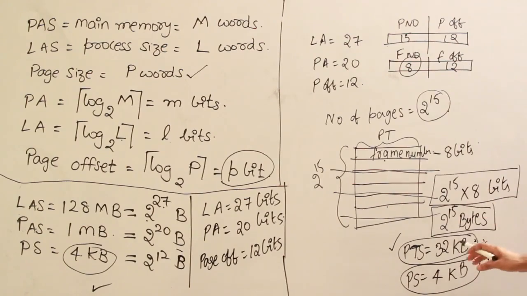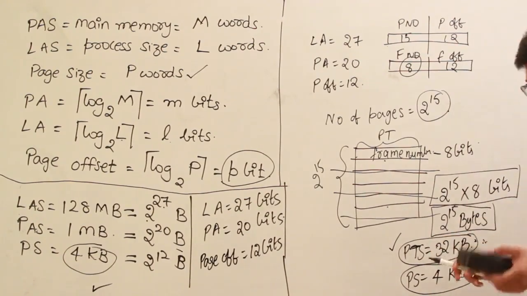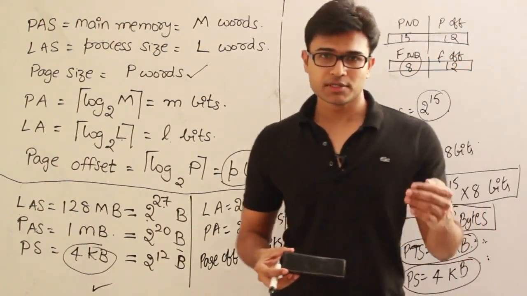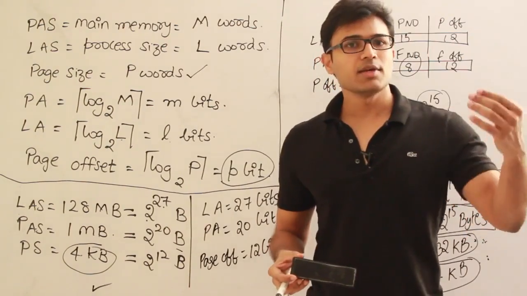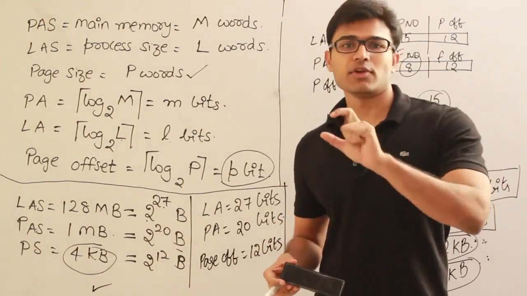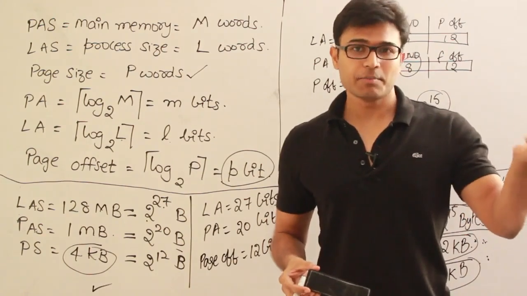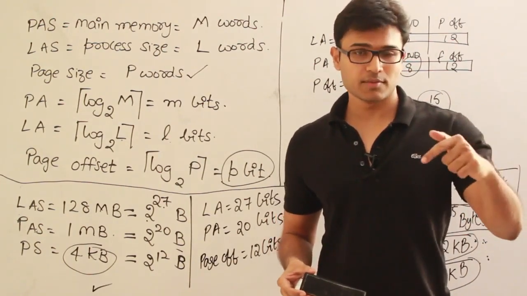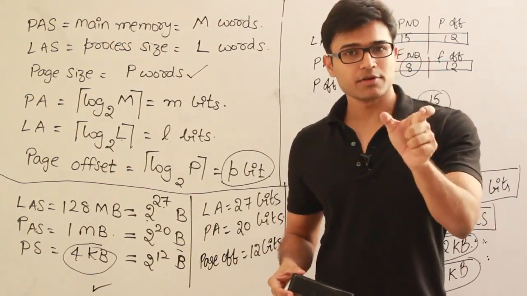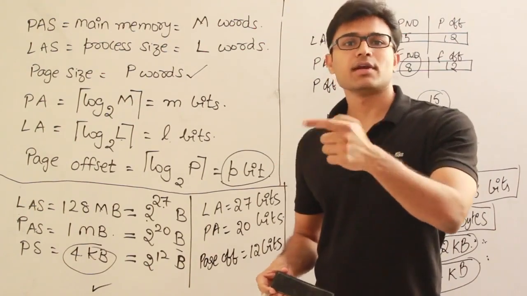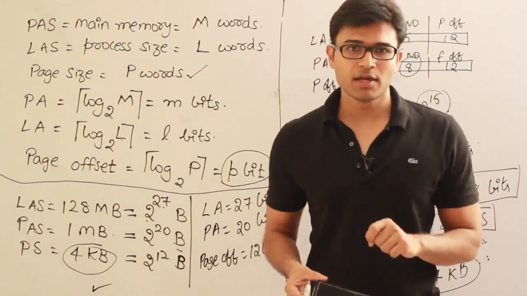Then what are we supposed to do? Again, divide the page table into various pages, so that the page table fits in many frames. Then to get a page, first you go to the page table, get the page table entry, then go to the page and get the required word.